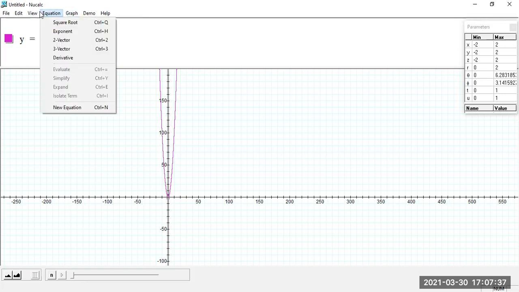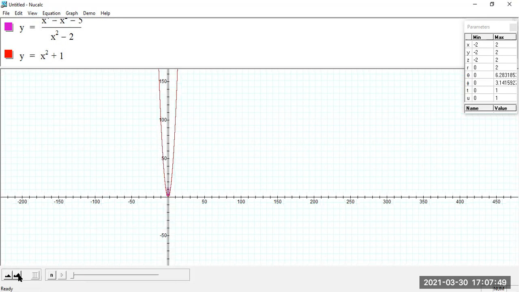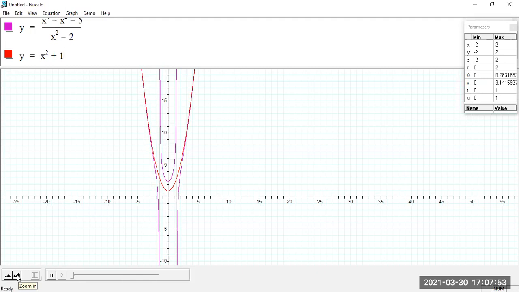From far away, let me put in one more equation: y equals x squared plus 1. You see, they coincide. But when we zoom in, it turns out that it only follows that red graph, x squared plus 1, when x is very big, positive infinity or a big negative number.